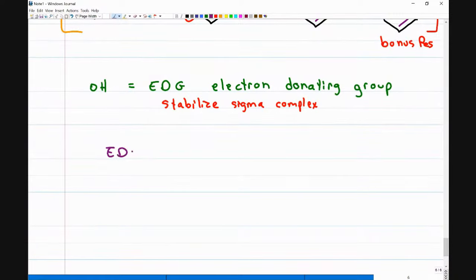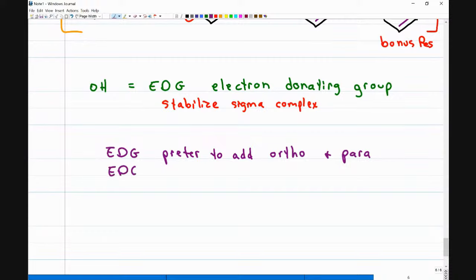And so that brings us to step 1 of 2 rules. An electron donating group will prefer to add ortho and para. Why does it add ortho and para? Because these are the two positions that bring the carbocation as close to the electron donating group as possible. So that's number 1.